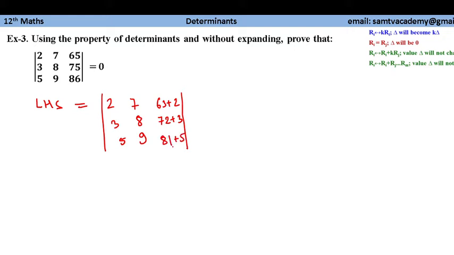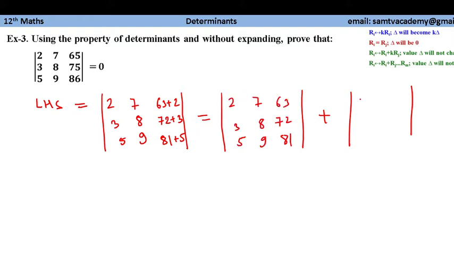So you can see that if we expand this determinant, it can be written as 2, 3, 5, 7, 8, 9, then 63, 72 and 81. Now again we can write one more determinant, 2, 3, 5, 7, 8, 9 and 2, 3, 5.